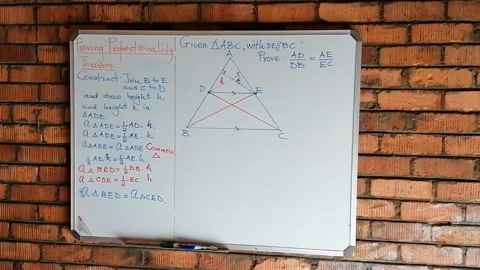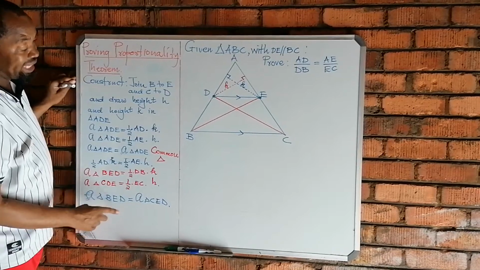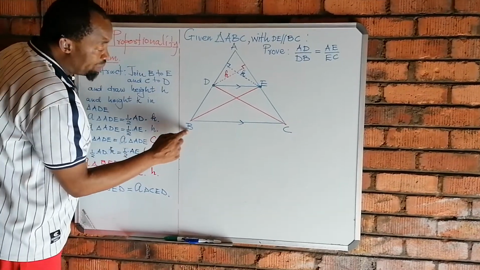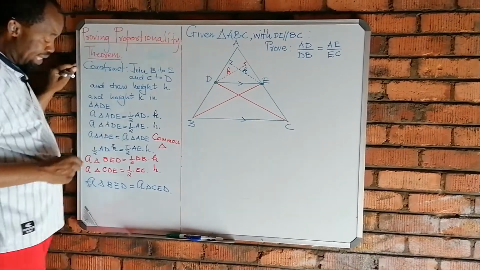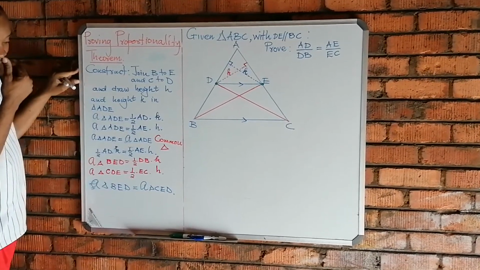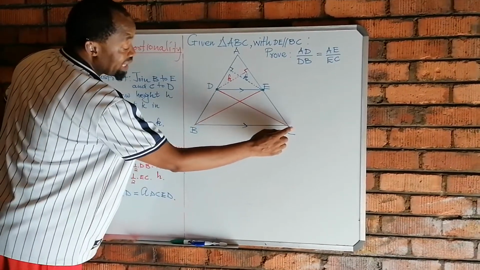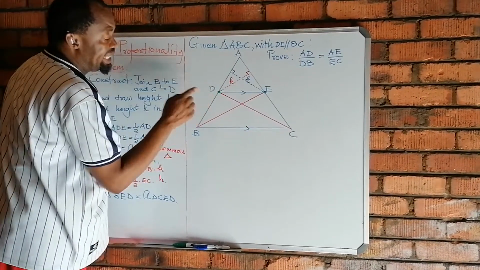Now, I want us to revisit that. I'm saying area of triangle BED is equal to area of triangle CED.